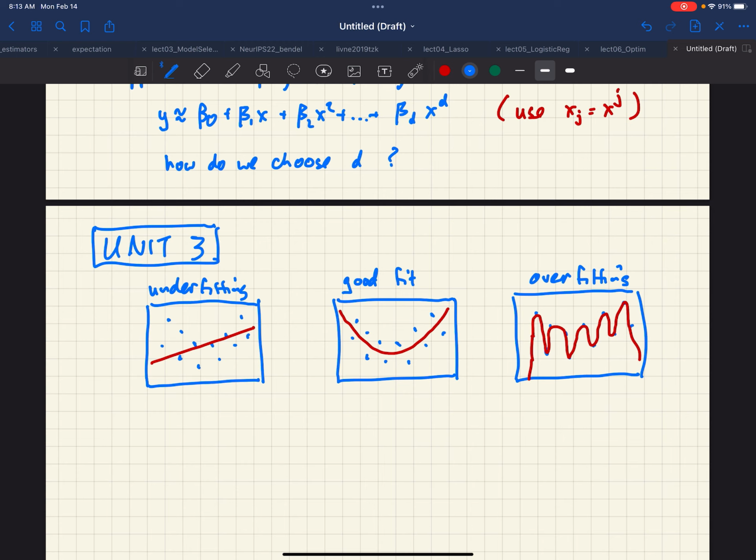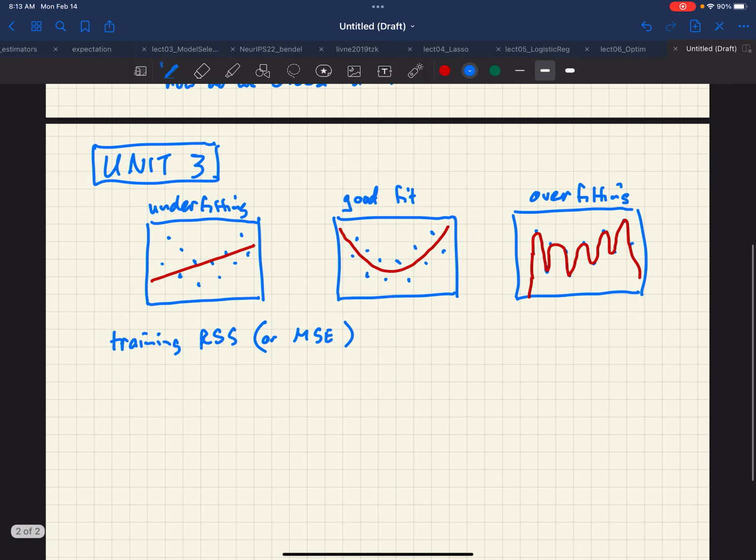So the first thing we considered is let's look at the training RSS or MSE. And what we saw is if you plot either one versus model order d, you get a line that is non-increasing.